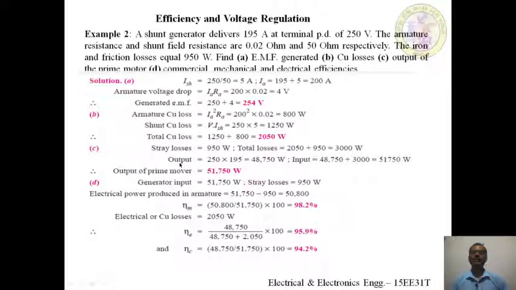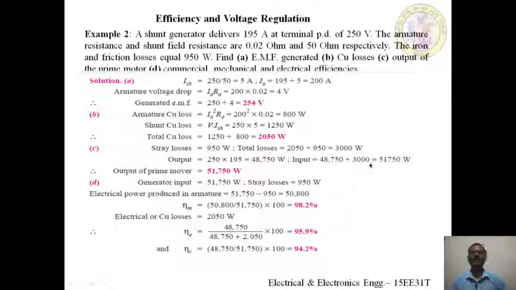The output of the generator we can calculate as V into I. Output power is given by VI. The voltage available at the output is V, load current is I, and V into I is the output. V is 250, I is 195 ampere, so it is 48,750 watt. Input is output plus total losses.